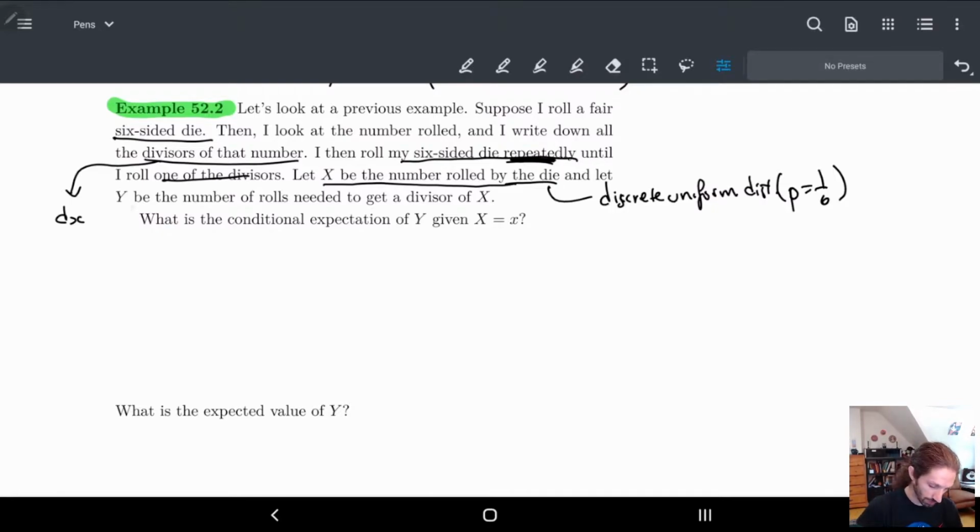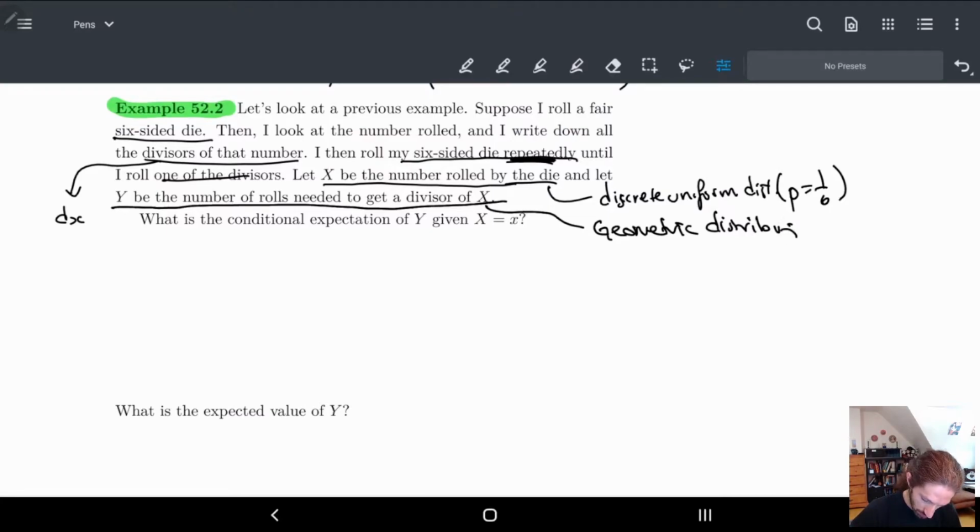And then we're going to let y be the number of rolls needed to get a divisor of x. Since each time we're doing one roll at a time, this in itself is a geometric distribution.